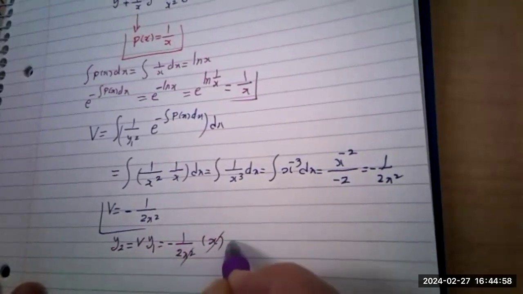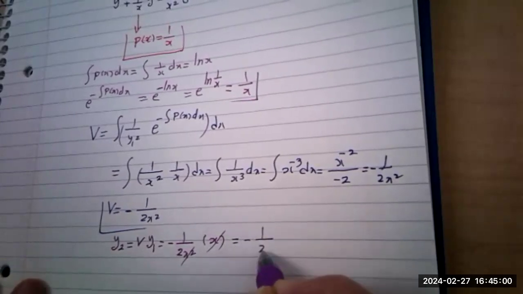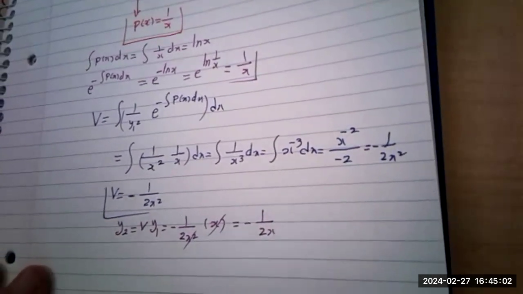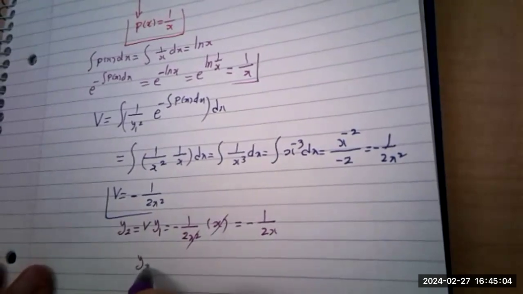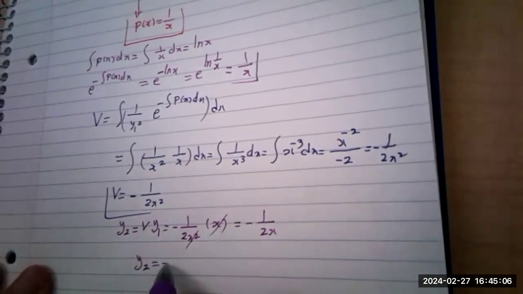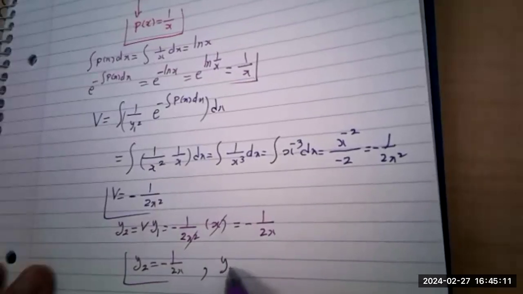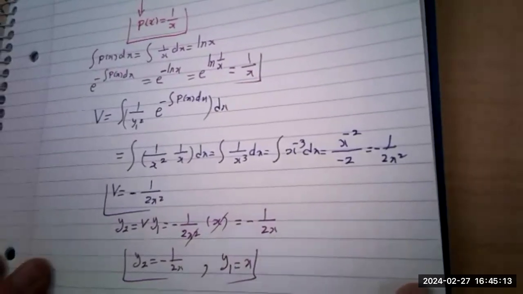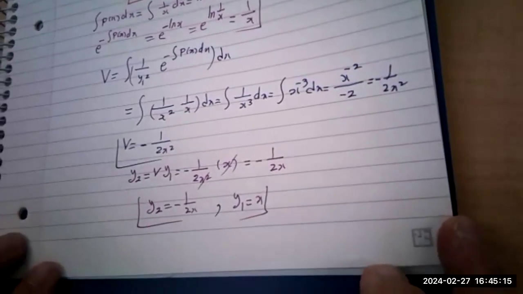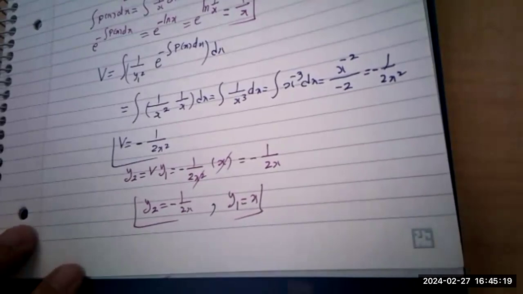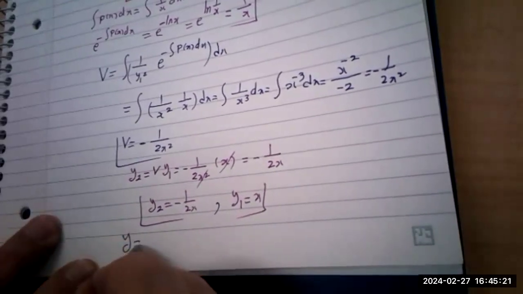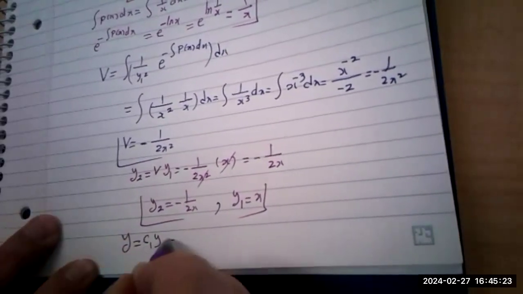Simplify, and that gives negative 1 over 2x. So the second solution of your equation is negative 1 over 2x. That's it. y1 is the first solution, and we already proved that they are independent. So the general solution of the equation would be c1 y1 plus c2 y2.